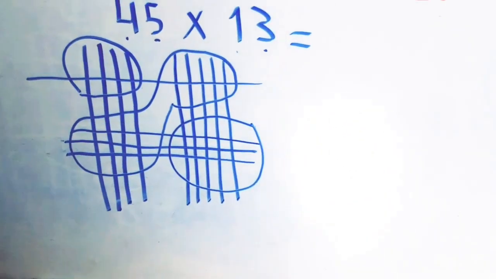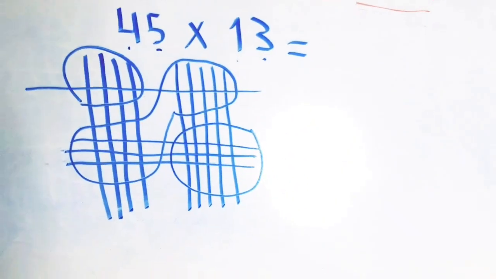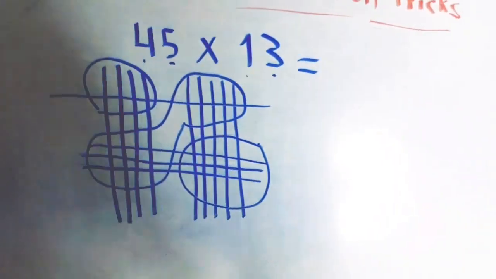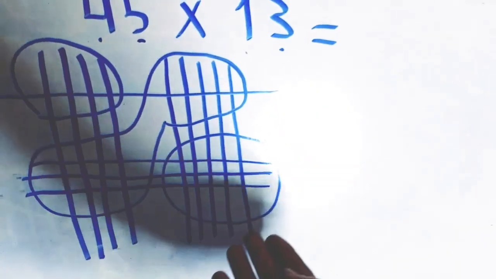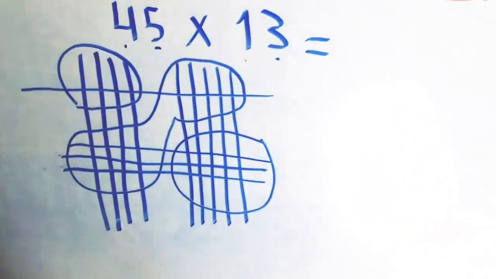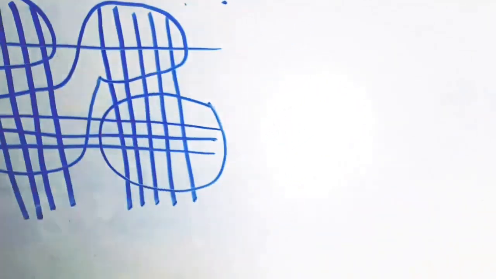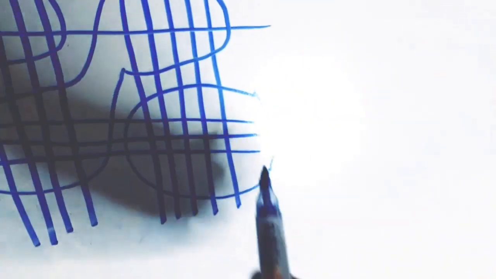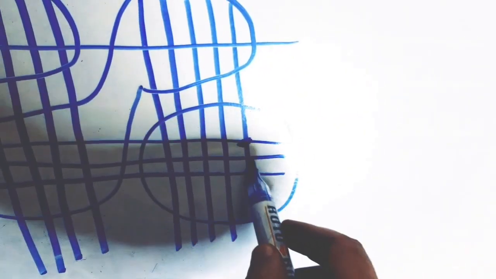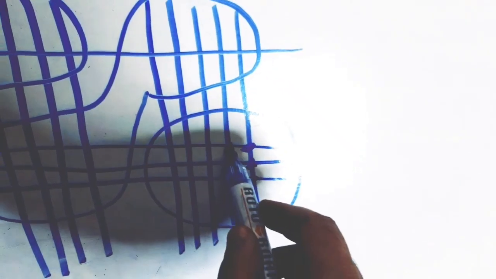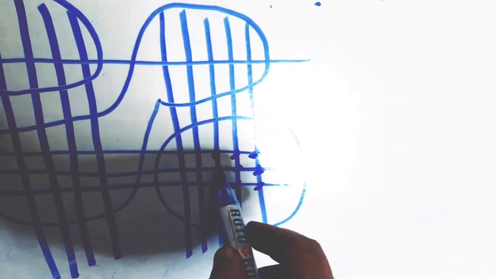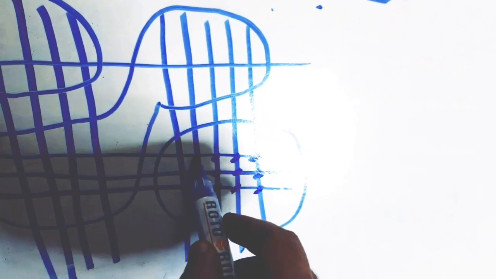After that, we must put the dots in each intersectional zone, beginning, of course, from the right bottom side. We put the dots, until we finish putting all the dots.